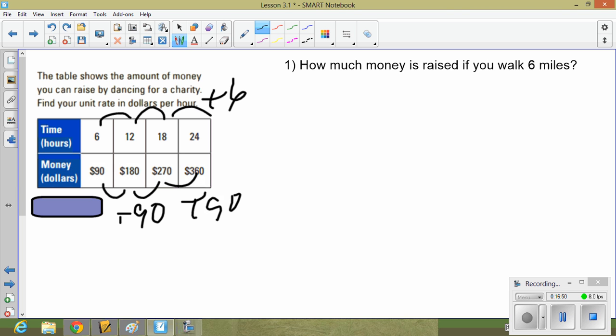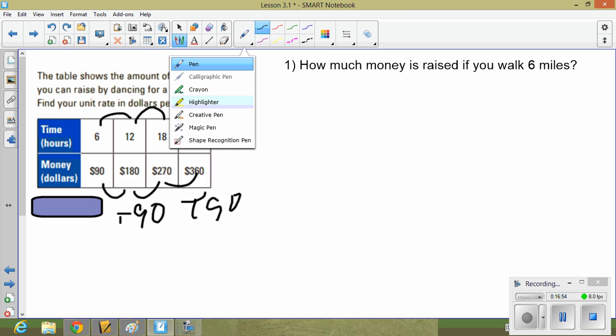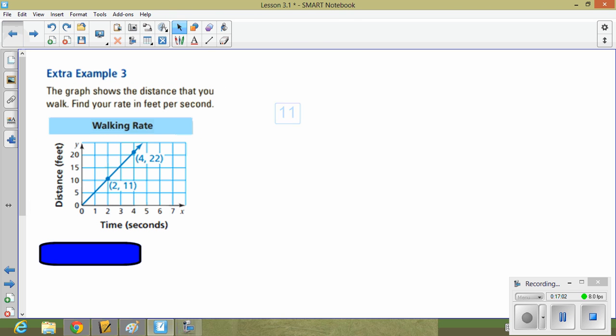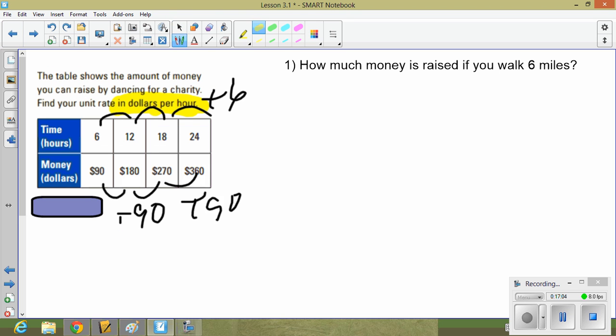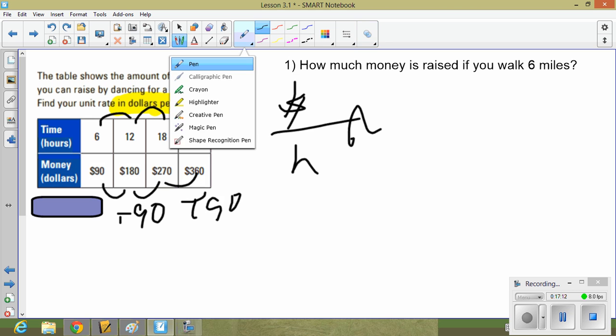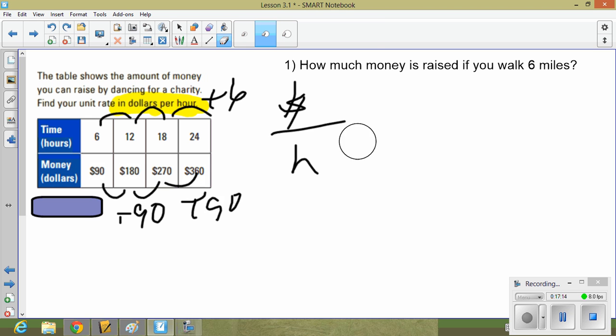So what you want to do is find the unit rate in dollars per hour. That's the important part here. So that's how I want to set it up, as dollars over hour. That's how I want to write my ratio. Remember, ratio means fraction.